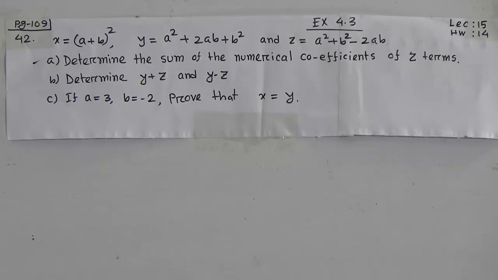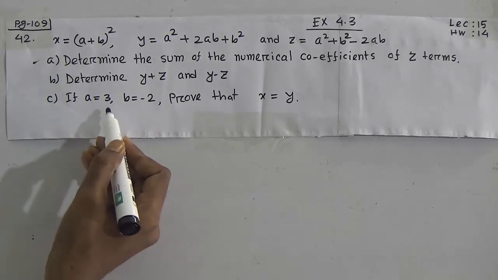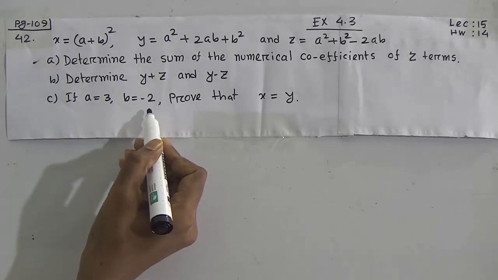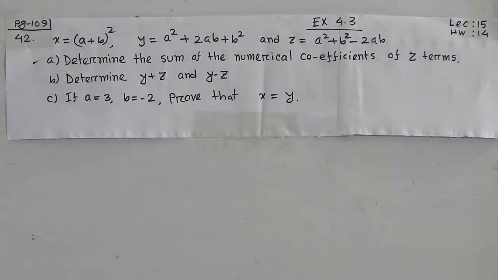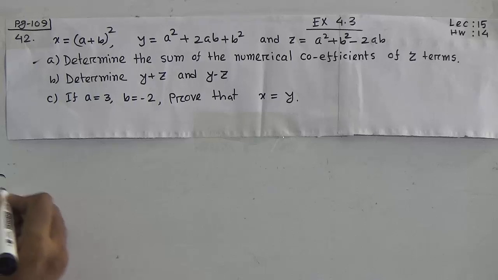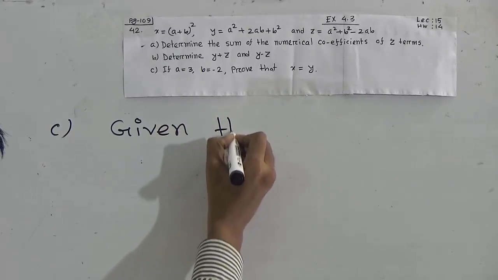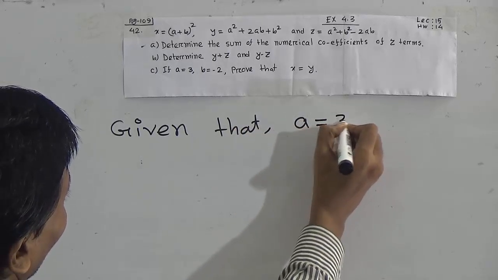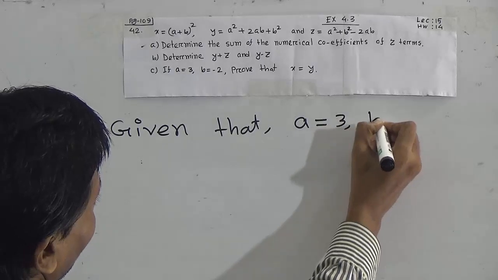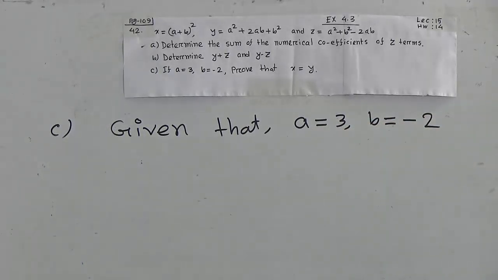Now I want to solve question number C. Okay, you see the question. If a equal to 3, b equal to -2, then prove that x equal to y. Right here, given that a equal to 3 and b equal to -2.